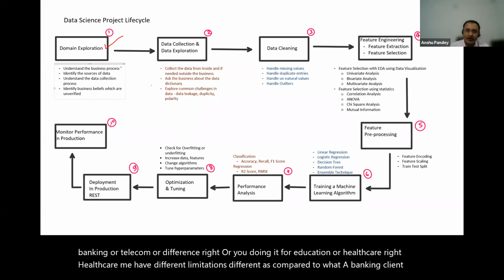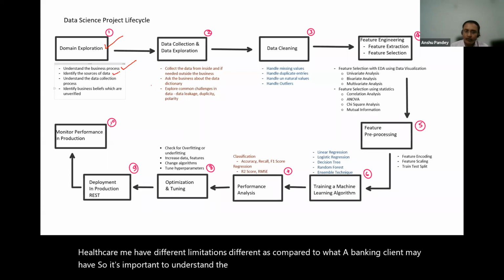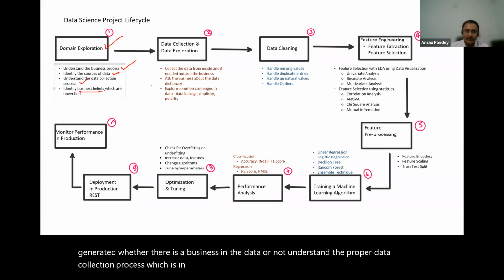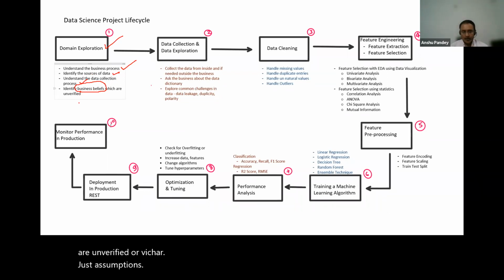So it's important to understand the business process, identify how the data is being generated, whether there is bias in the data or not, understand the data collection process which is in place, and understand the standard beliefs in the business which are unverified or which are just assumptions, right? This is not a technical or coding step, right?